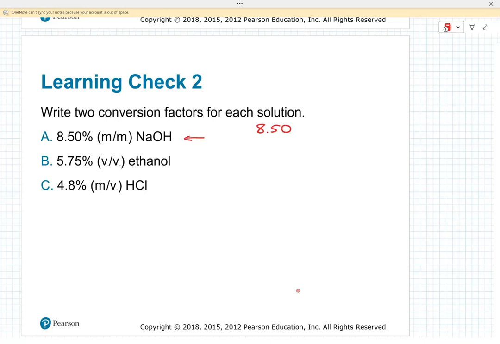I'm going to give you a lead and then you'll continue, okay? 8.50 grams of sodium hydroxide in 100 grams of the solution. Make sense? What is this then? Okay, over 100 of what?